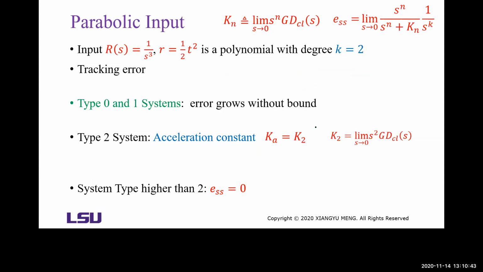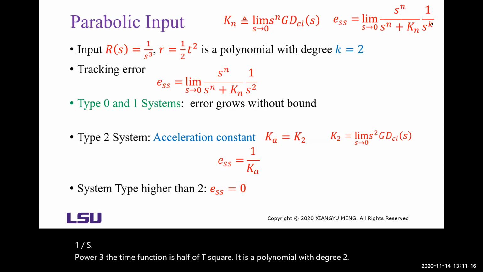Now let's see the parabolic input. For parabolic input, the input is 1 over s to the power 3. The time function is half of t squared. It is a polynomial with degree 2.